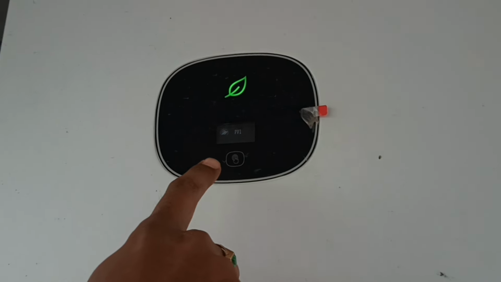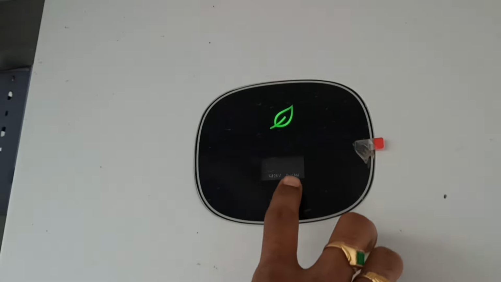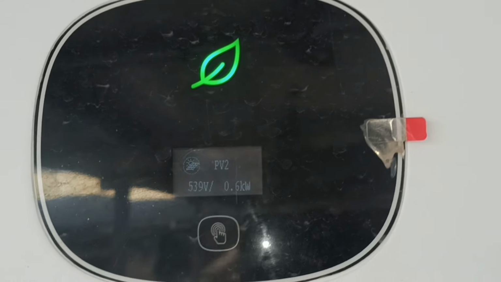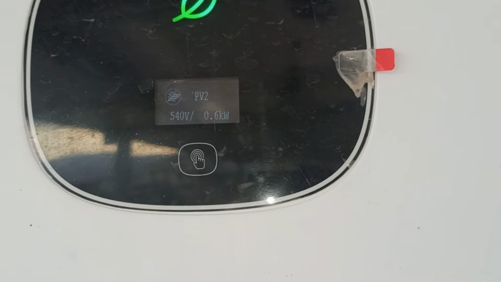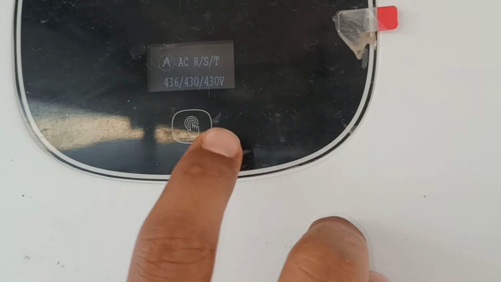Now the solar is giving a voltage of 479 volts on PV1, which is string 1, and PV2, the other string, is giving 540 volts.